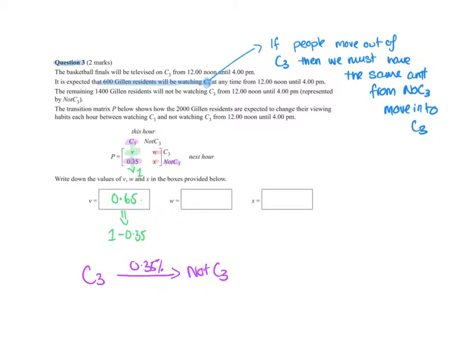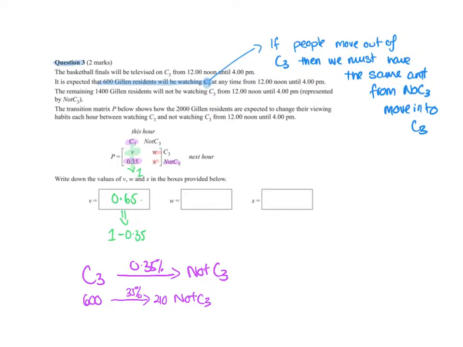Now I know there's always 600 here. So what is 35% of 600? If you do that, it ends up being 210. So 210 moved into not C3.